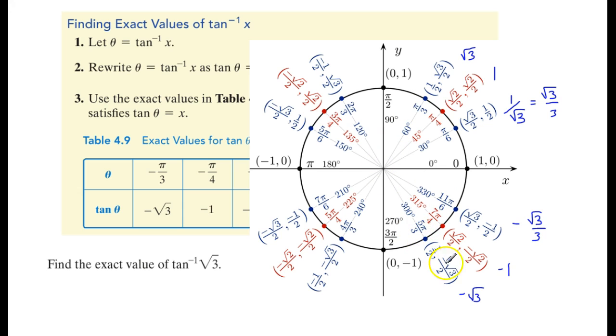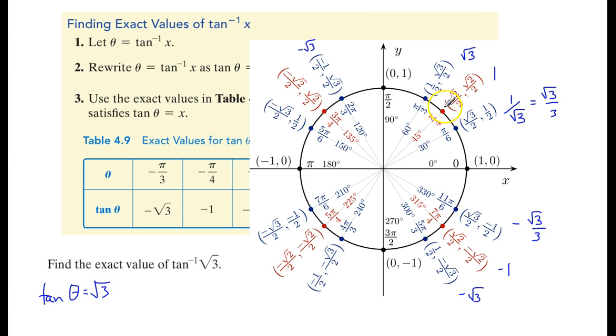Alright, and then since this is negative square root of 3, we're on that same path, and so on and so on. But we want to find the exact value of the arctangent of the square root of 3. So that's wanting to know what angle has the tangent equal to the square root of 3.